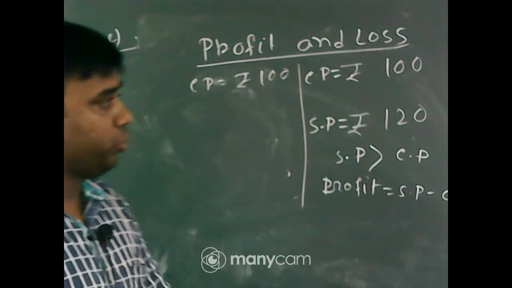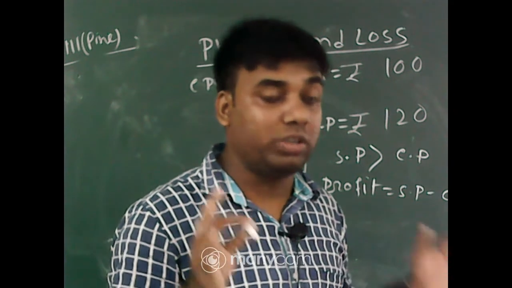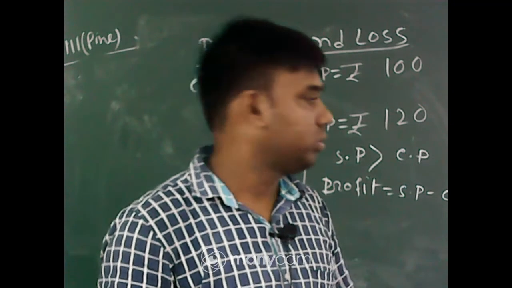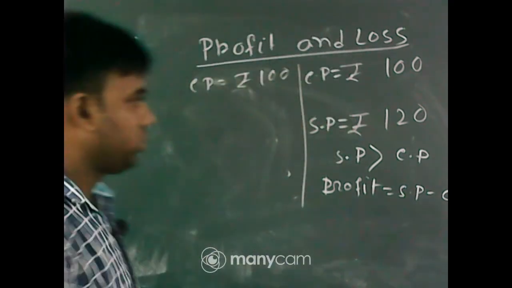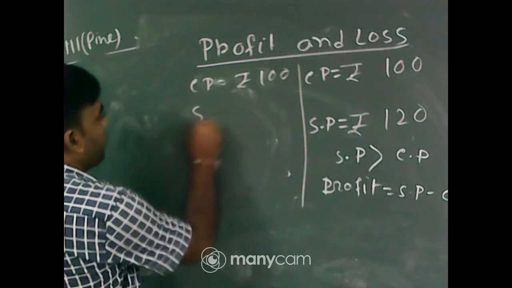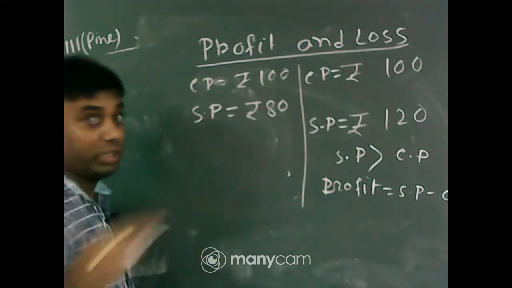Hey, mute your microphone. Again you are asking the page number. I have already told you 3 or 4 times that this is the introduction class of profit and loss. CP equal to rupees 100 and SP equal to rupees 80, not 120.